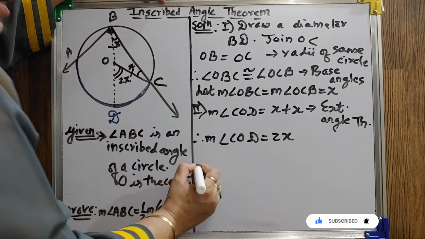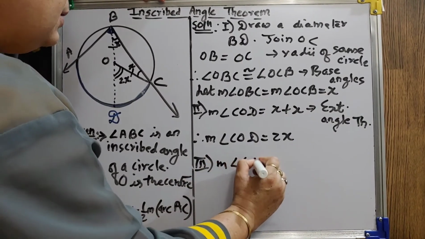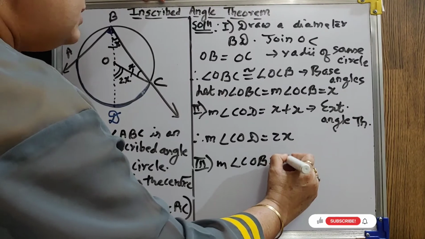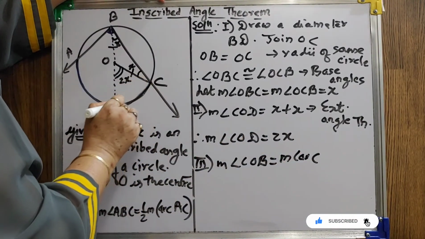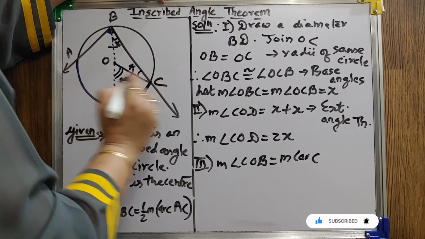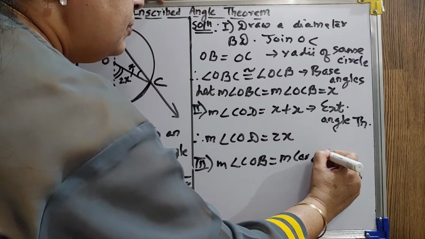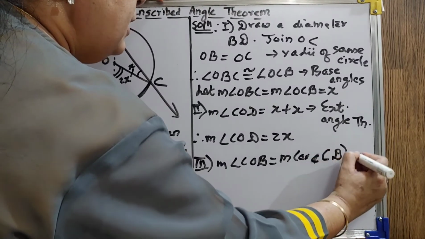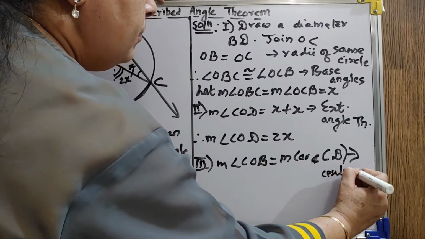So we got 2x. Now this is a central angle. And you know that a central angle is always equal to the measure of its intercepted arc. So for this angle, CD is the intercepted arc. So this is equal to arc CD, according to the central angle theorem.